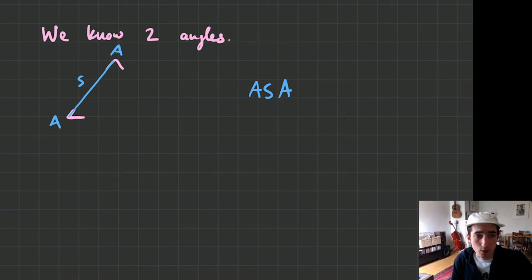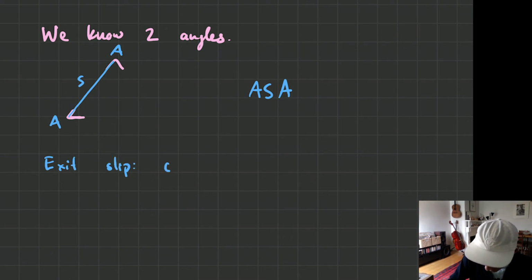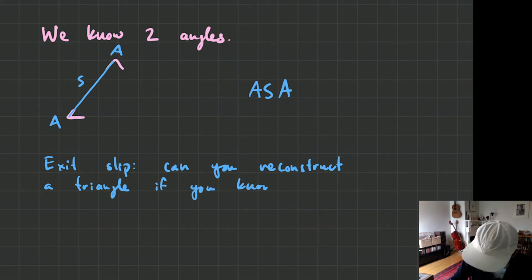Okay? So what I want you to think about now as the exit slip: can you reconstruct a triangle if you know, let's say, angle, angle, side?